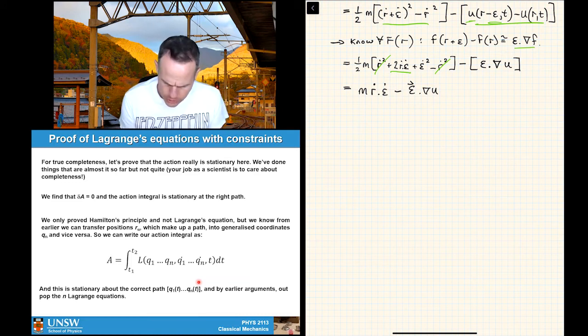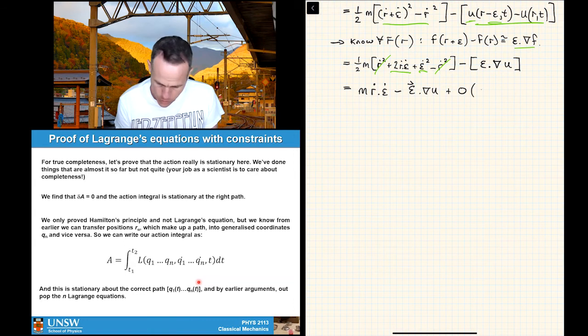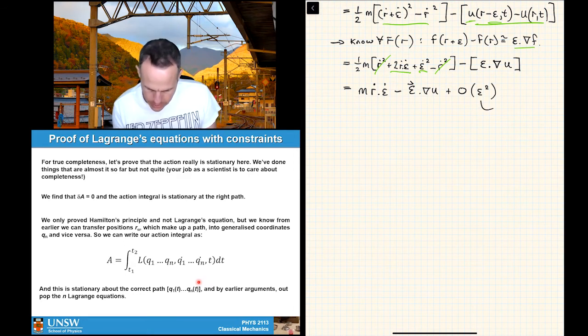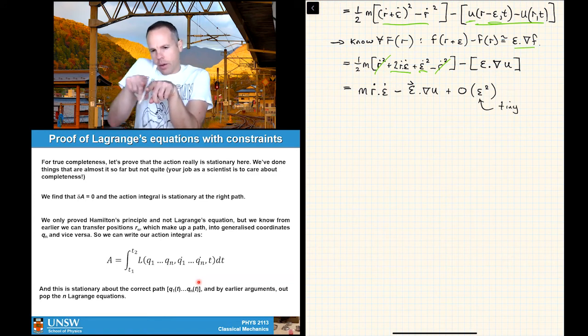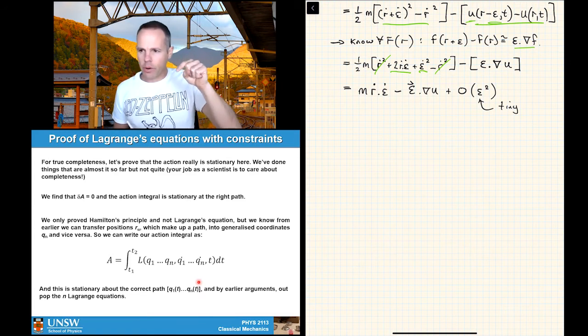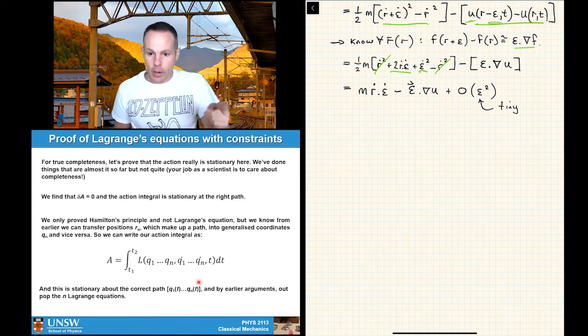Then I've got one term left over, and what we're going to do is just write order of epsilon squared. The reason is that I know that term must be tiny, because I'm going into the infinitesimal limit where my wrong path is just off my correct path. So it's a really small contribution, and if I take a small number and square it, I get an even smaller number, so I can ignore that.